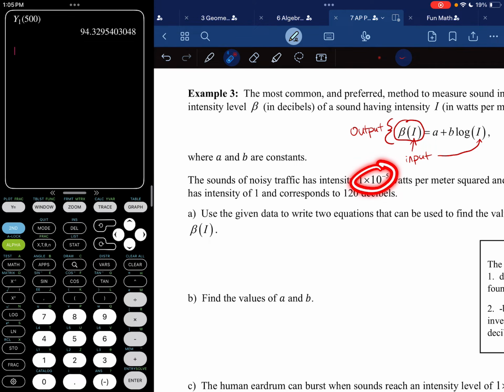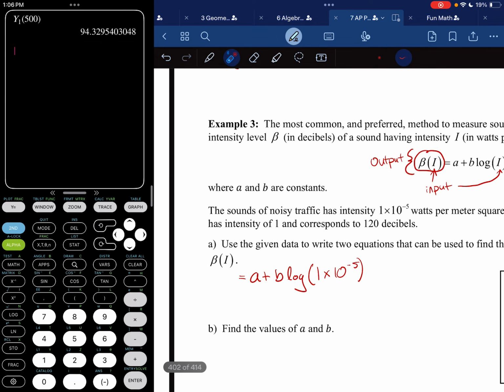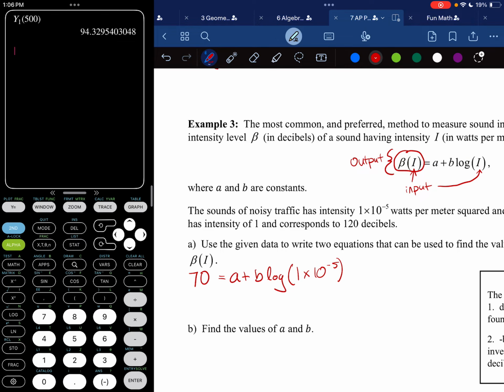Therefore, for the first piece of information, we'll say A plus B log, that's technically log base 10, of our input of 1 times 10 to the power of negative 5. And this entire piece right here is going to be the output. I could write beta of 1 times 10 to the negative 5 here, but that's redundant, so I'm just going to write the answer right here: 70 decibels.